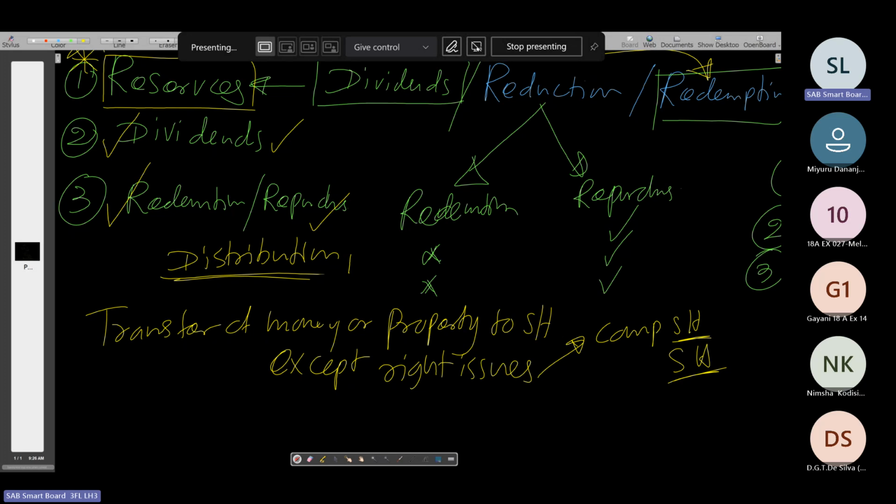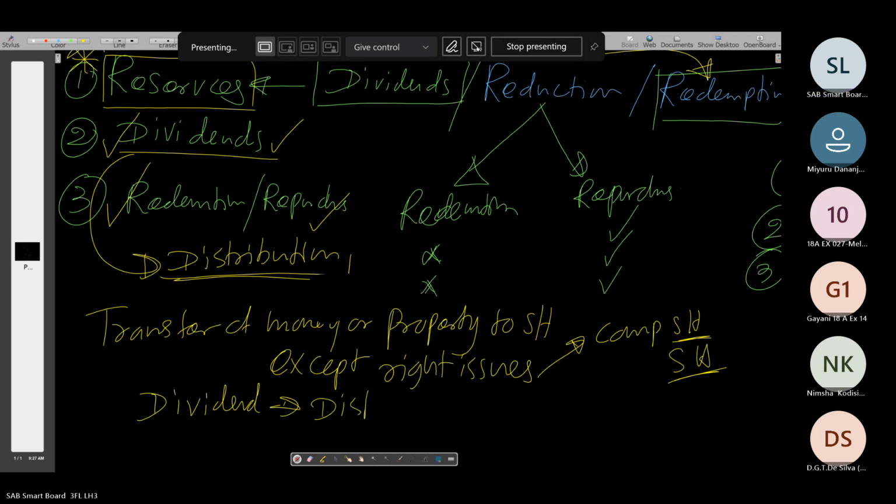Dividend means distribution of profits other than redemption or repurchase. That is the definition given in the Companies Act. Dividend means distribution of profits except redemption and repurchase.